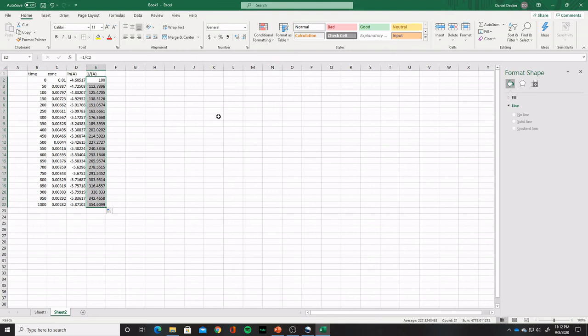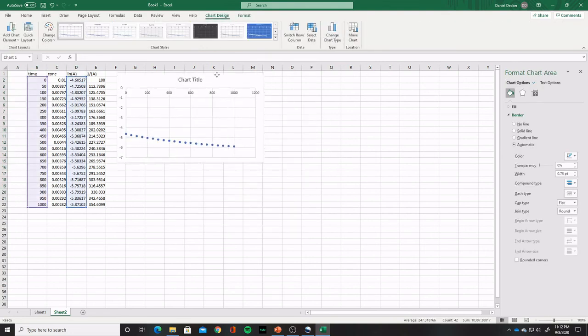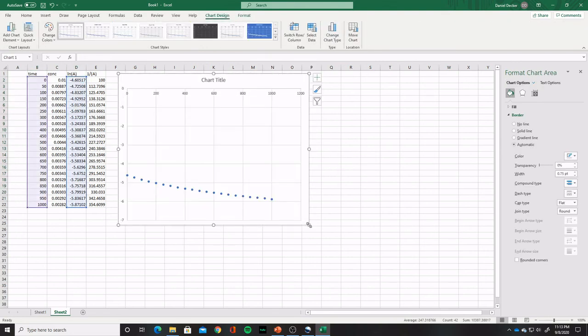So then to make the two plots, do first order first, select time and the natural log. So I'm going to go ahead and change this chart title so I can keep track of what's what.